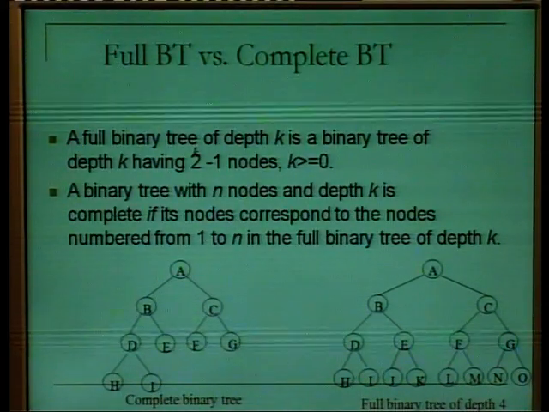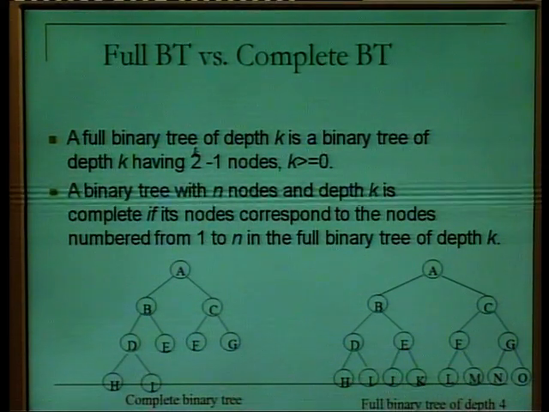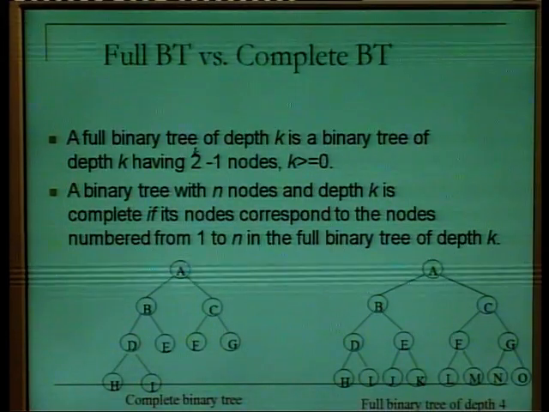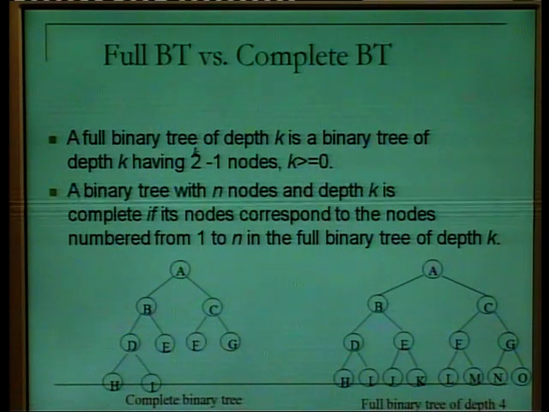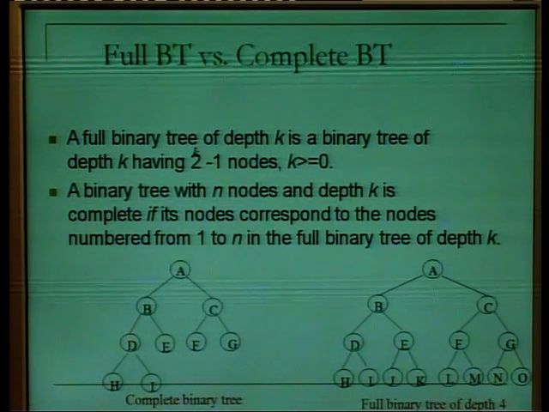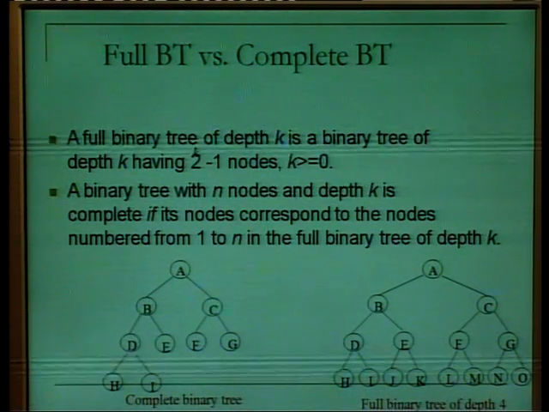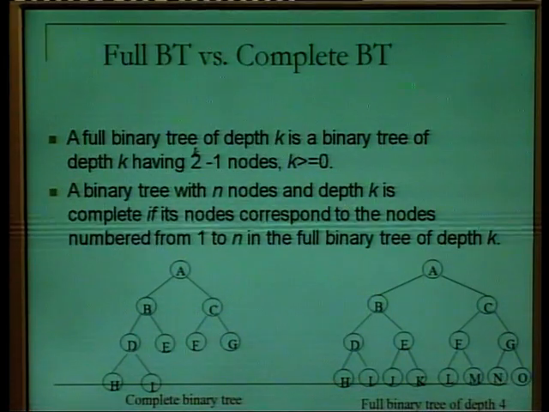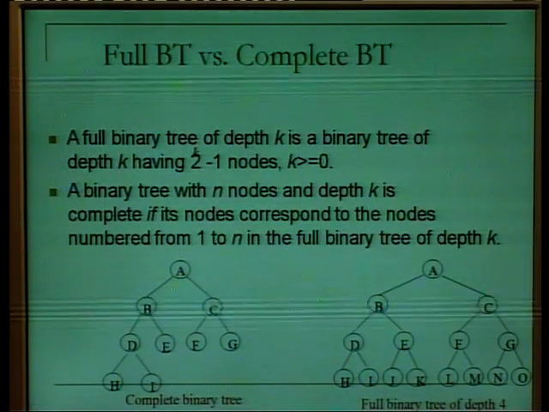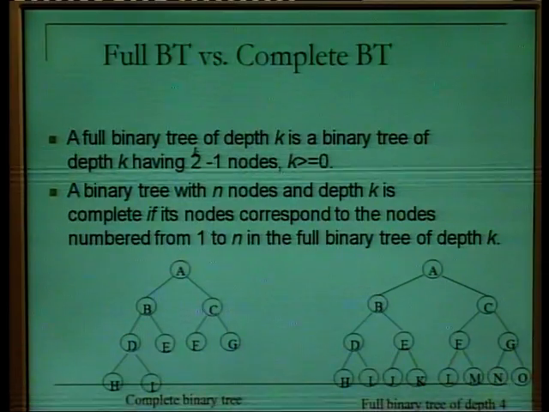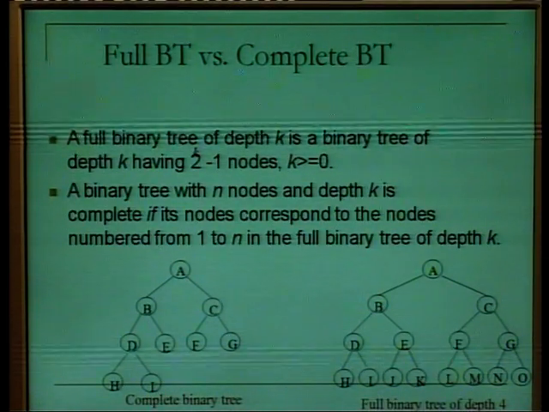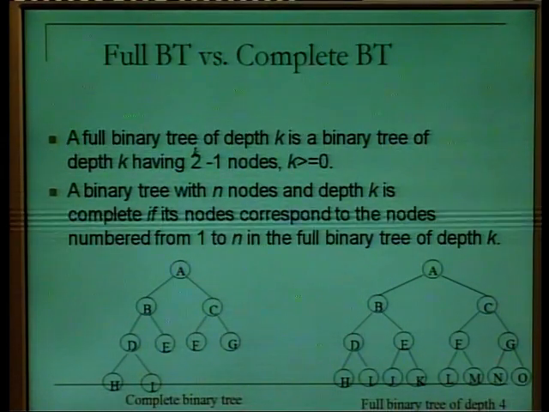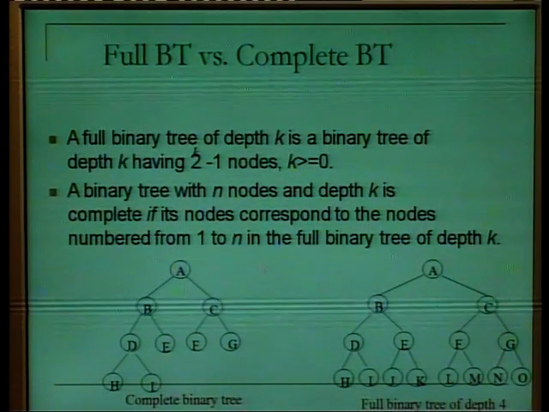Now we will discuss full binary tree versus complete binary tree. A full binary tree of depth k is a binary tree of depth k having 2 raised to power k minus 1 nodes, where k is greater than or equal to 0. A binary tree with n nodes and depth k is complete if its nodes correspond to the nodes numbered from 1 to n in the full binary tree of depth k.